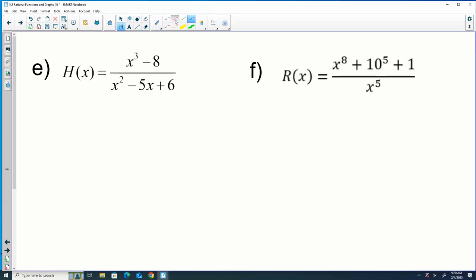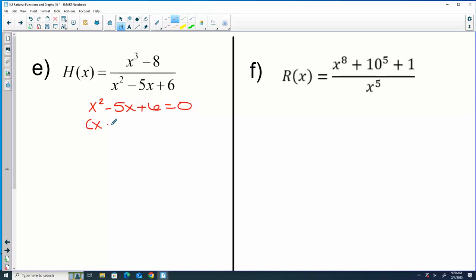Let's do a couple more. All right, so if I set the bottom equal to 0, that would factor into x minus 2, x minus 3.